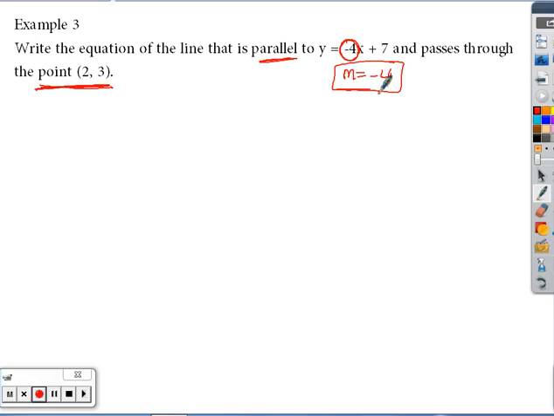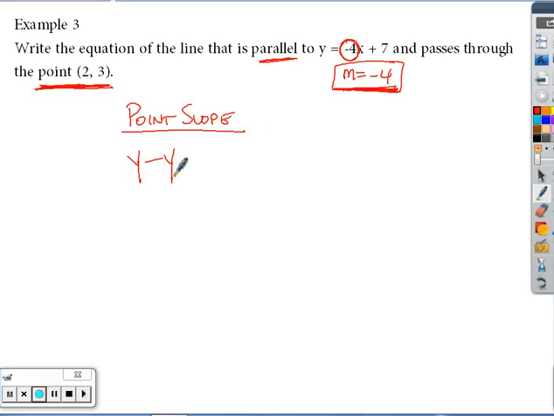Point. What is this? Slope. Point, slope. Use point-slope form.